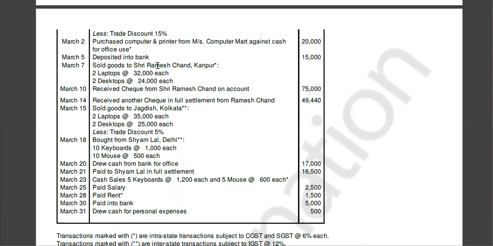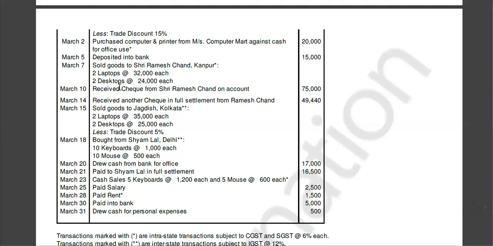Here also there is no cash involved. So sold goods to Sri Ramesh Chand, Kanpur is a credit transaction. That means sales book, credit sale.